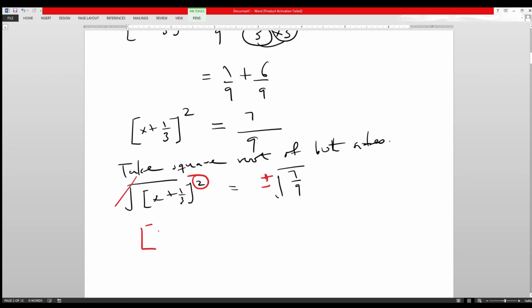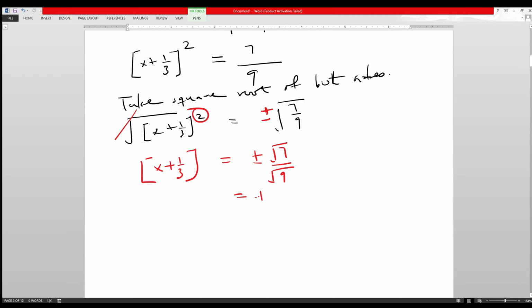So I'm going to be left with x plus 1 over 3, and then I have my plus or minus. This is the same as root 7 divided by the square root of 9. When I simplify this further, I have my plus and minus, square root of 7 divided by square root of 9, and the square root of 9 is 3.